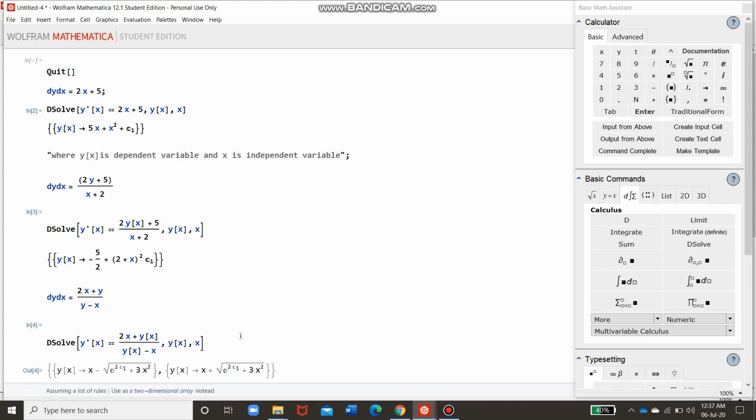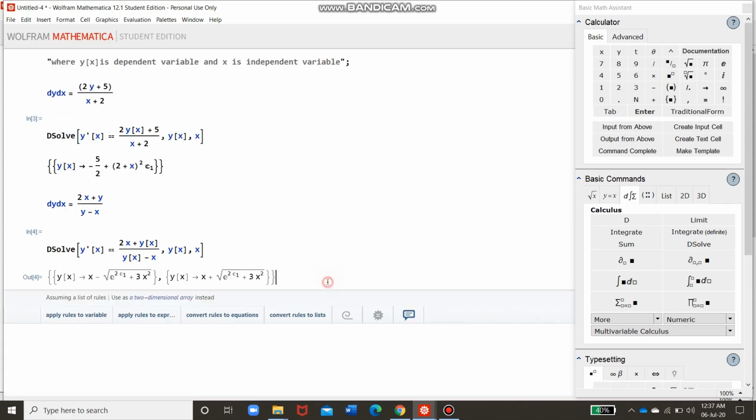So please cross-check with this and see if you're getting the same answer. If not, go back and try to solve it again. Find out what the errors are.